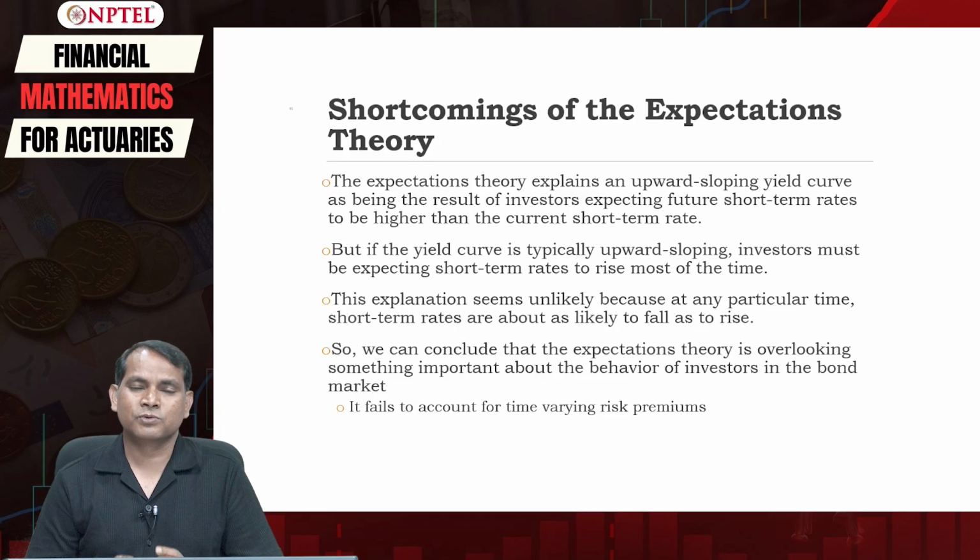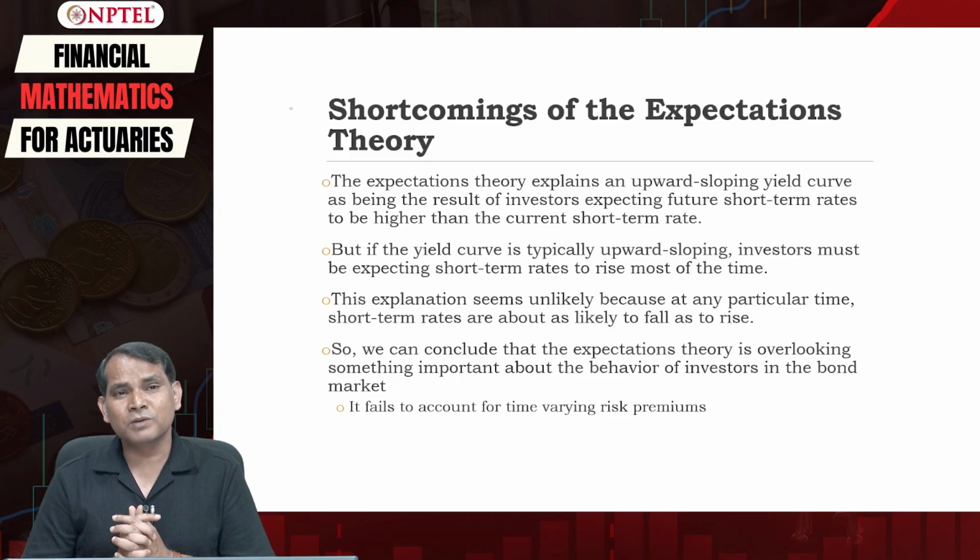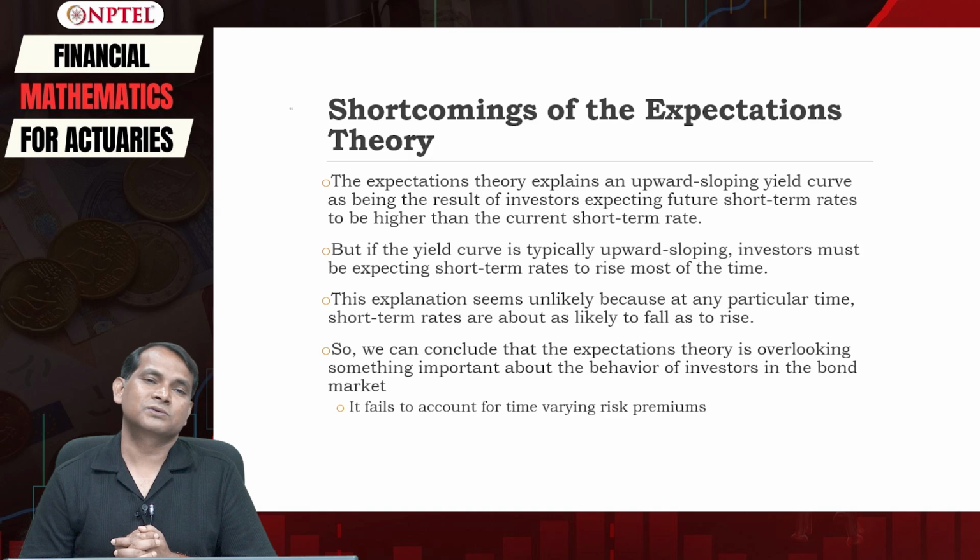The theory gives us an important message: it is based on what the financial market commonly believes. It says that when people expect that the short term interest rate increases over the next few years, then the long term interest rate should also increase.